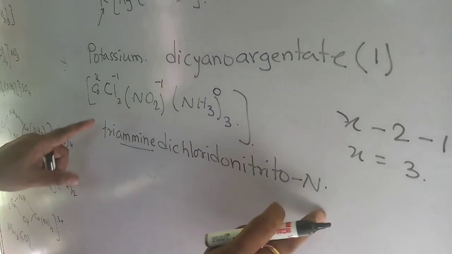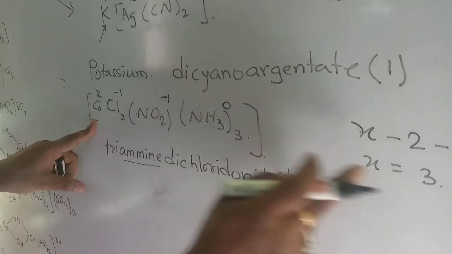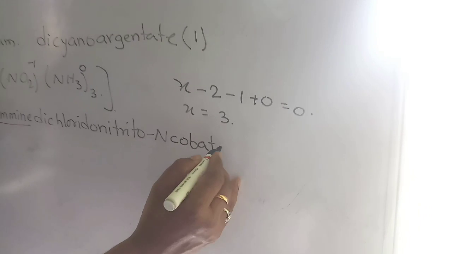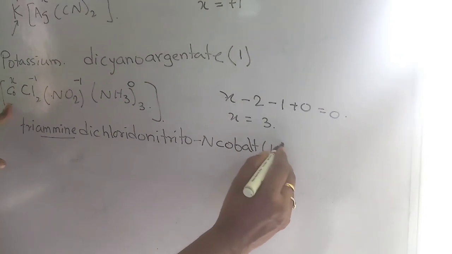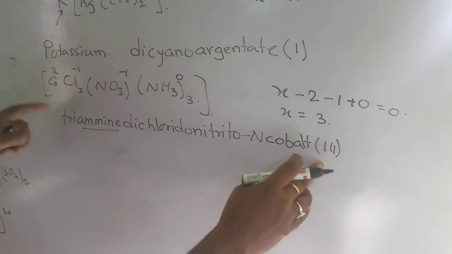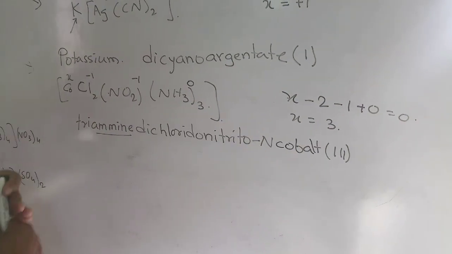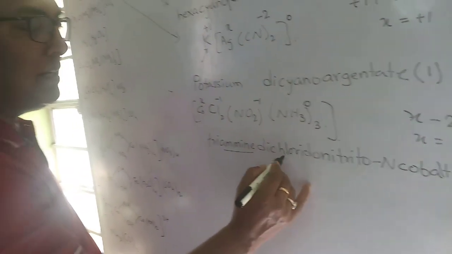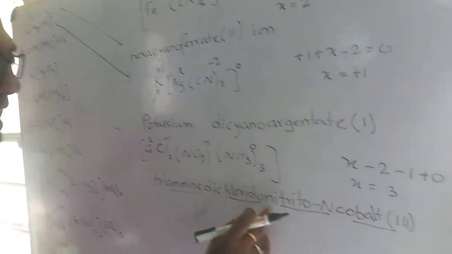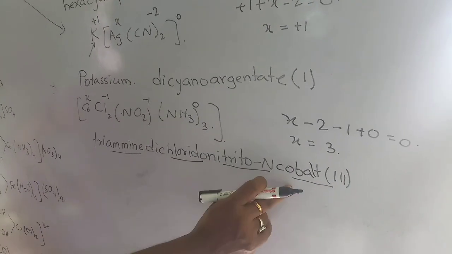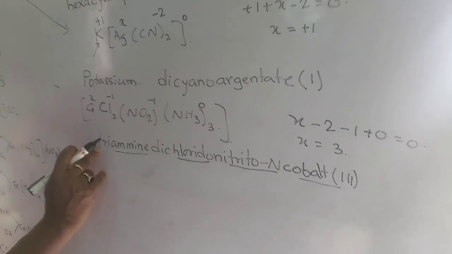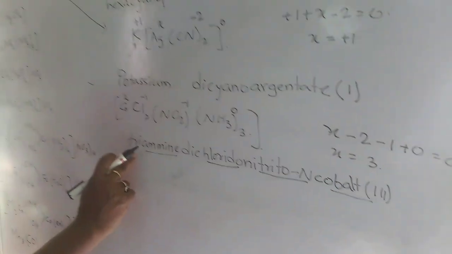So nitrito-N. Now cobalt is 3 as we know, cobalt(III). This is the name of the compound. Very interesting thing is that you have to write the name of the ligand first, followed by the metal, without any gaps in between, and it is better to always write with small letters.